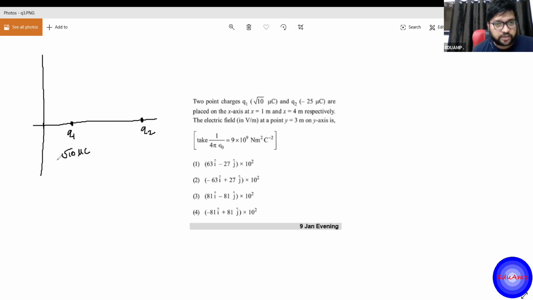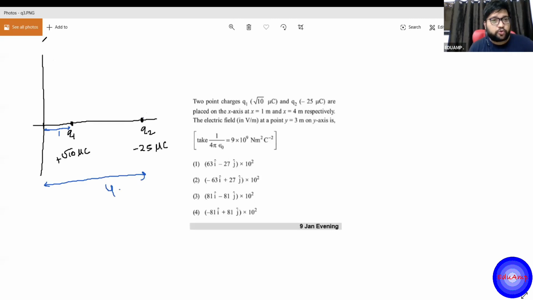This is positive charge. And this one is negative 25 microcoulomb. This is negative. This is 1, and this x is equal to 4. So this is 4.